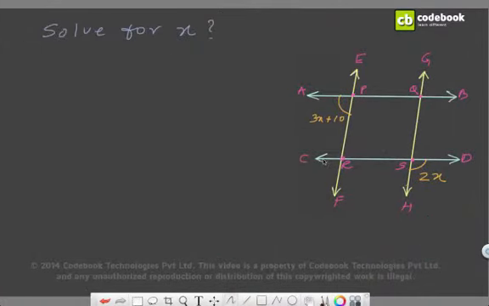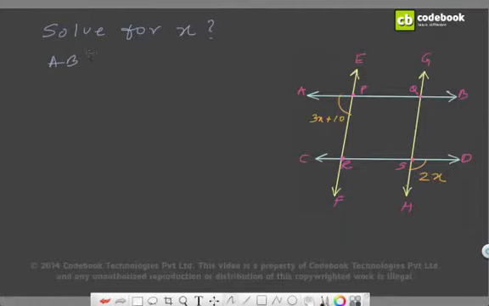Now let us apply the theorems and axioms that we have learnt in the previous lessons to solve this problem. So you have been given this figure and you have been asked to solve for x. If you observe closely at this figure, there are two pairs of parallel lines.